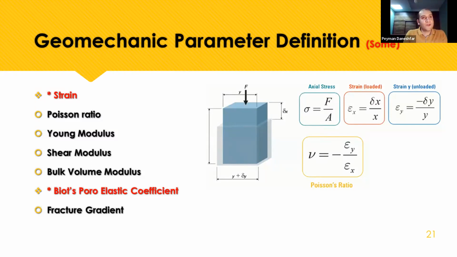Why? Because all of them are important for us. And now the geomechanical parameter definitions: strain, stress, Poisson ratio, Young's modulus, shear modulus, bulk modulus, Biot poroelastic constant and fracture gradient.